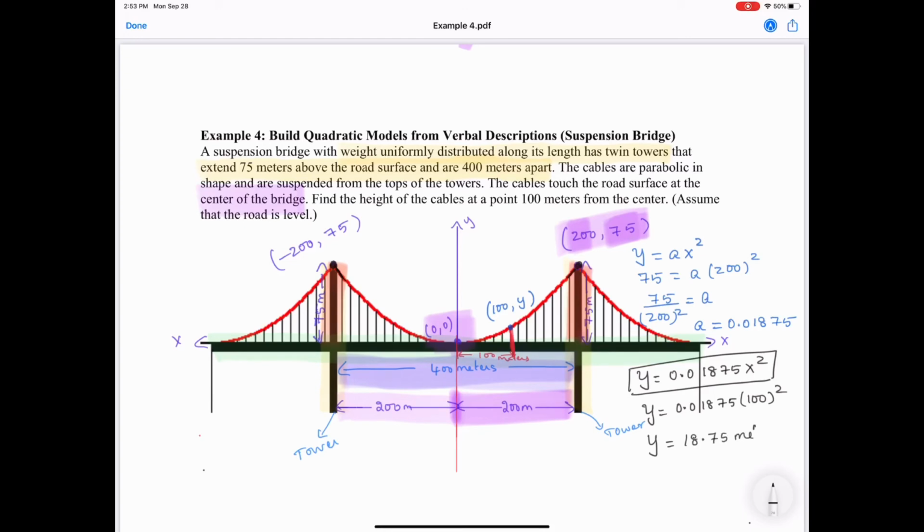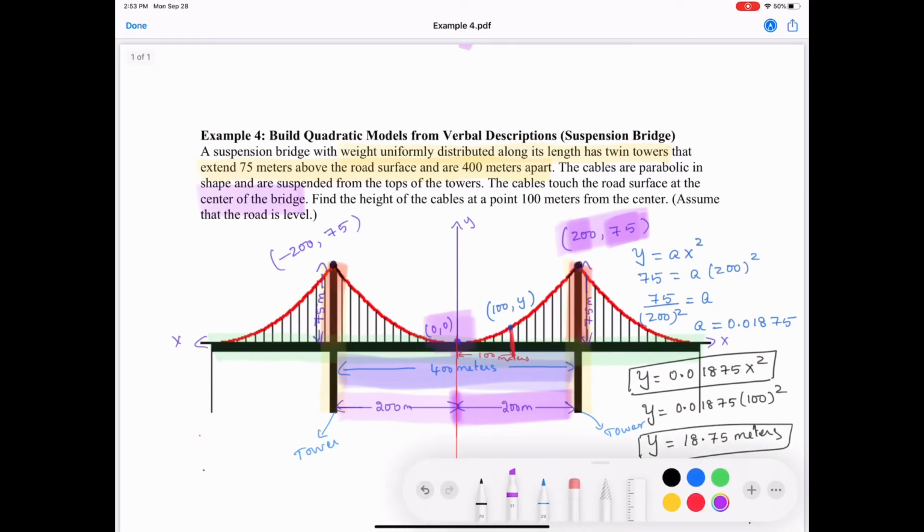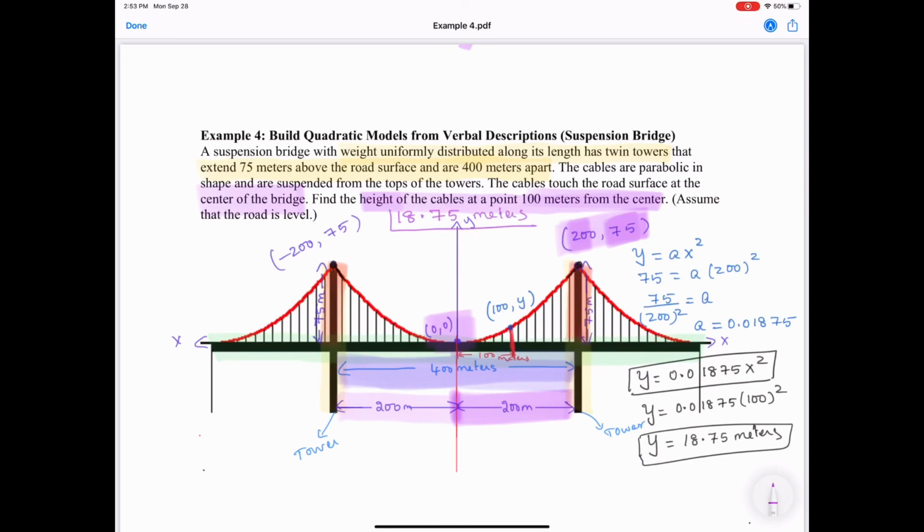And yes, that's the answer for this problem. The question is asking us to find the height of the cable at a point 100 meters from the center. The answer is that the height of the cable is 18.75 meters, which is this y value.